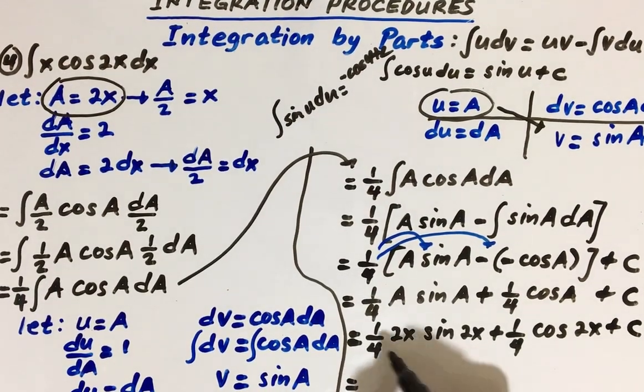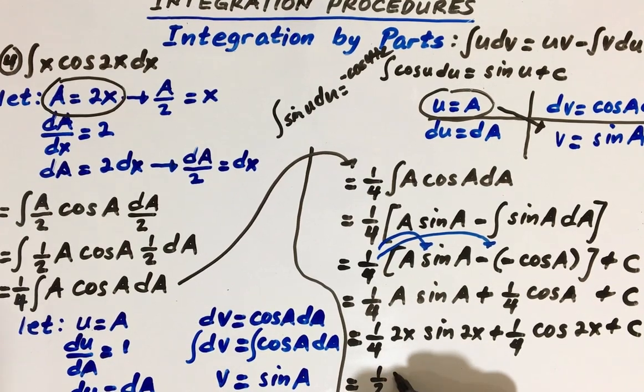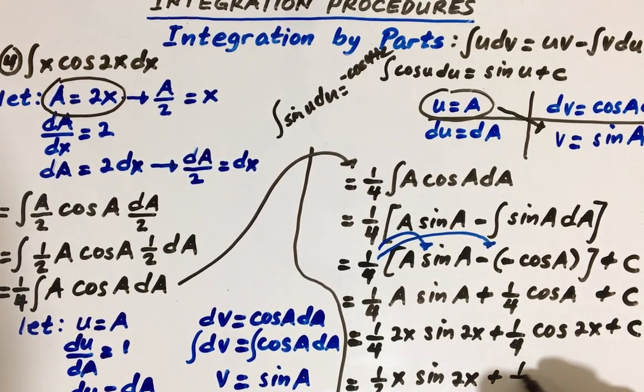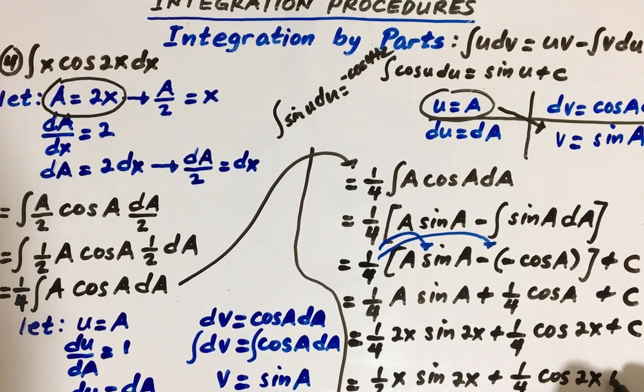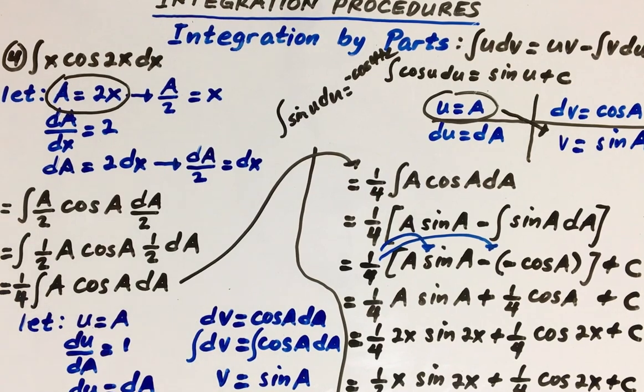So equal to 1/4 times 2x, that is 1/2 x, times sine 2x, plus 1/4 cosine 2x plus c. Okay, so this is our final answer.